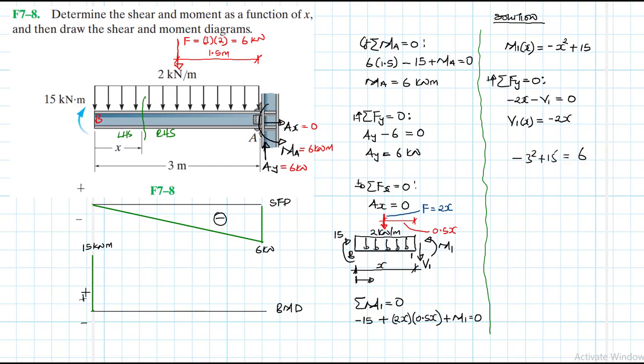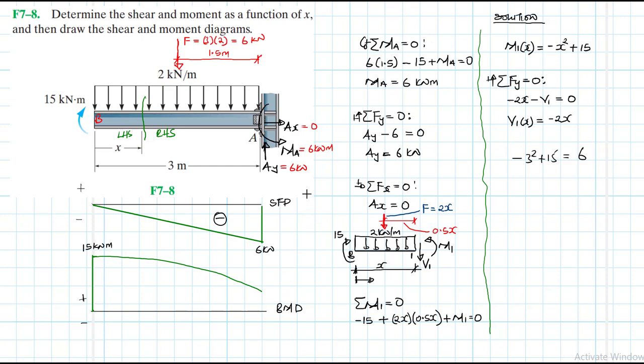So therefore I expect this behavior, if it's quadratic, it's going to go like so. Alright, we said at the very end it's going to be 6. Okay, so it will go something like quadratic.